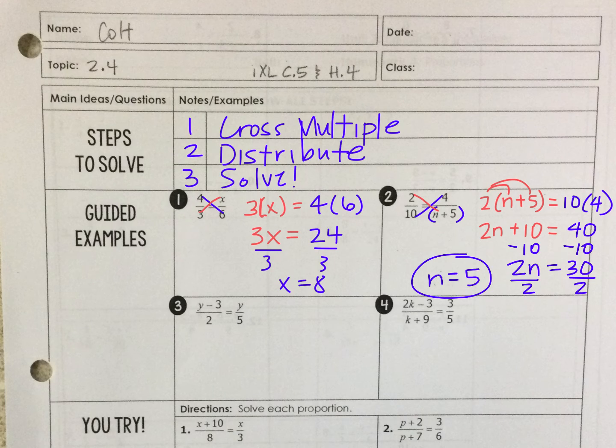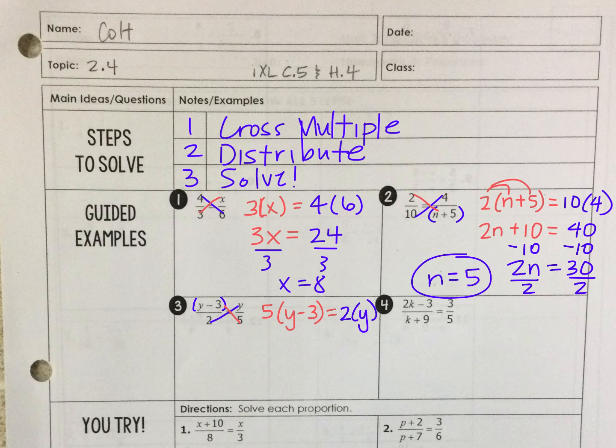All right, let's practice number 3. I'm going to go ahead, put some parentheses around here, draw my X. All right, the red is connecting the 5 to the y minus 3, and the purple is connecting the 2 to the y.